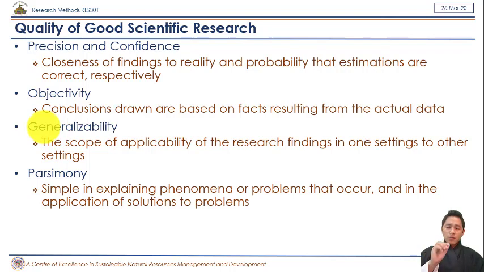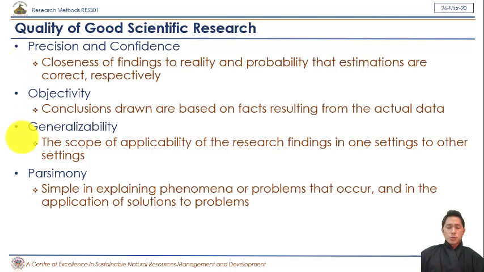Generalizability of the research on lichen is that the kind of methods, the kind of research design that is being taken to study the lichen diversity and distribution has to be such that it can be repeated in other districts also, in other places also, and other places should also find similar findings to what you find from your lichen research in one different district.